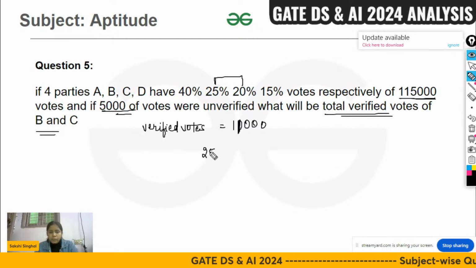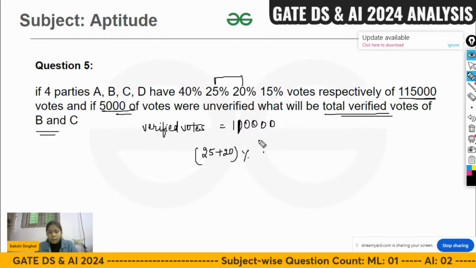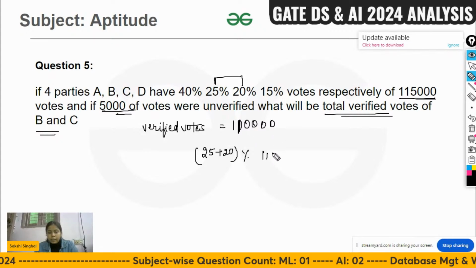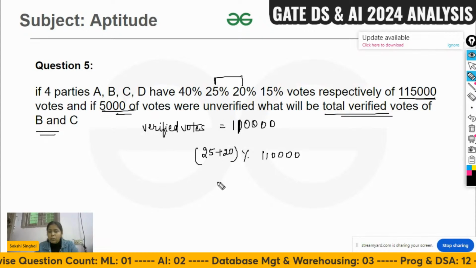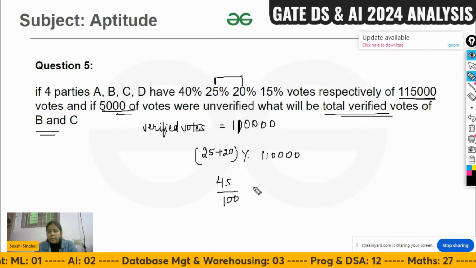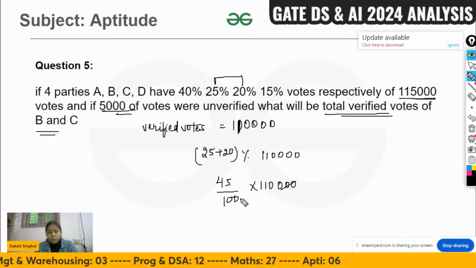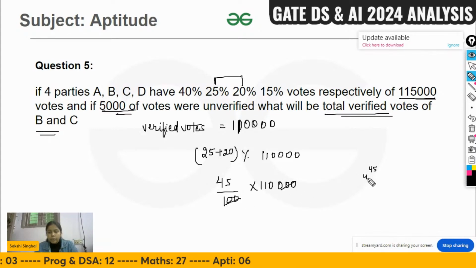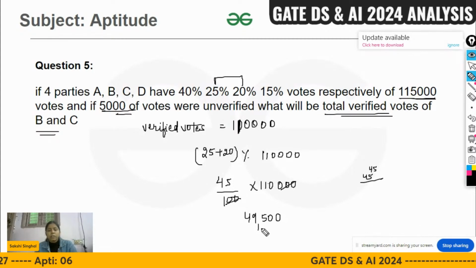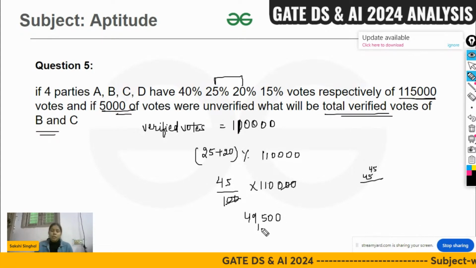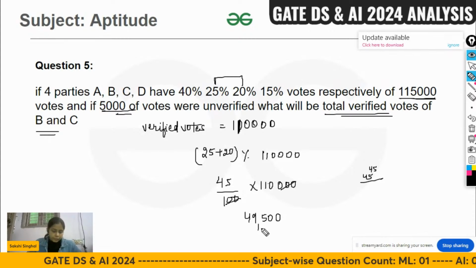So let's add this 25 plus 20% of 1,10,000. Right. So if I solve this, I'll get 45 by 100 into 1,10,000. Two zeros are cancelled. So if I multiply 45, I'll get 49,500. So 49,500 votes would be there given by B and C, which are verified.